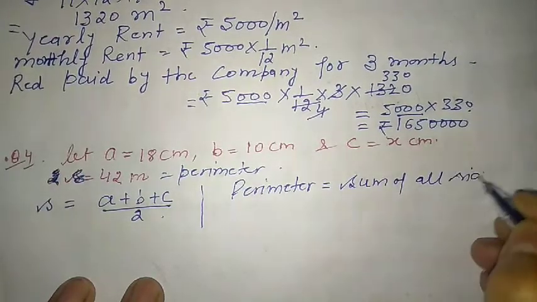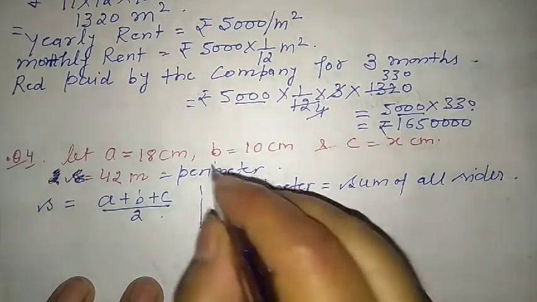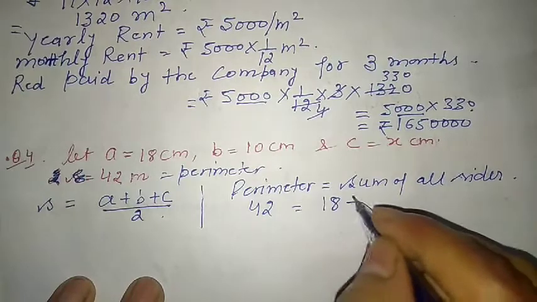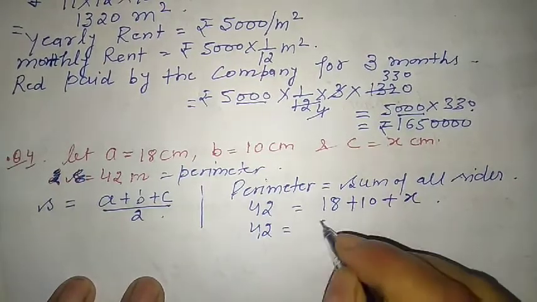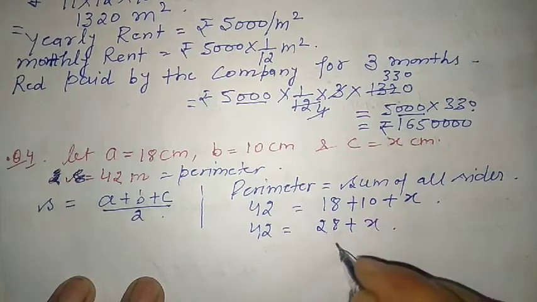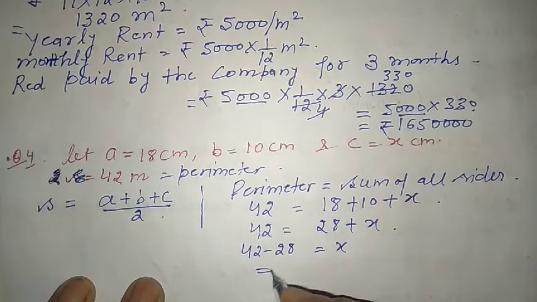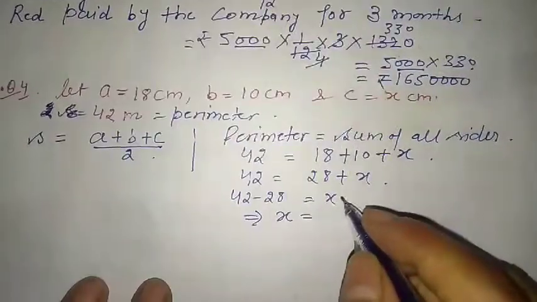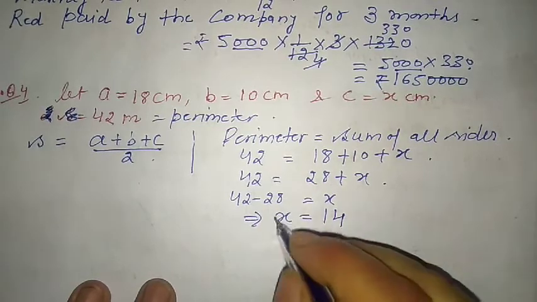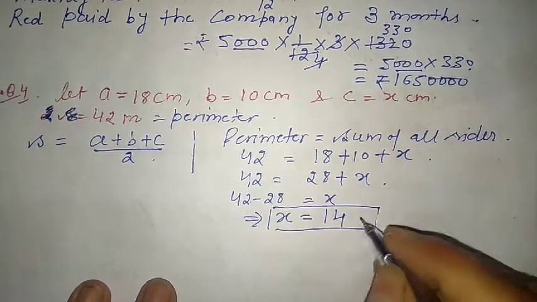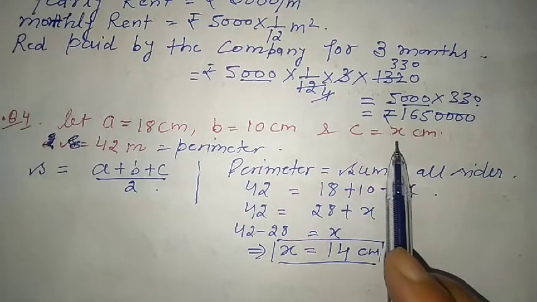Perimeter is given as 42. Sum of all sides is 18 plus 10 plus x. It becomes 42 is equal to 28 plus x. x is equal to 42 minus 28. So x is equal to 14 centimeter. So like this we can find the third side.